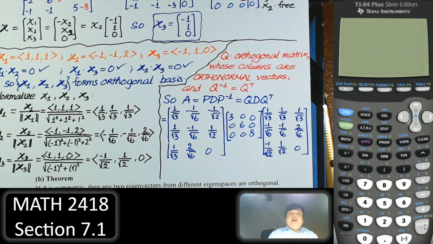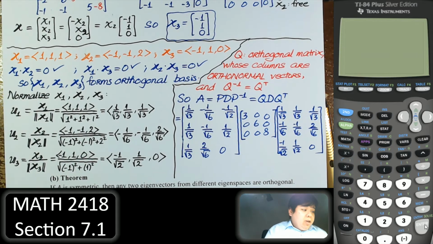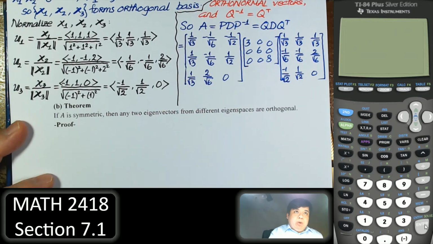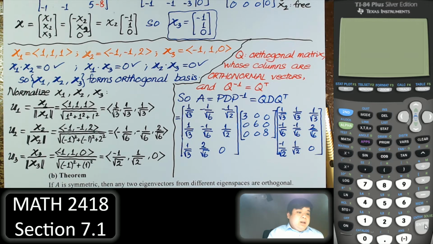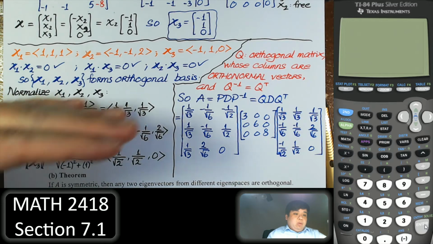Right. And this is called orthogonal diagonalization, meaning we use the orthogonal matrix to diagonalize it. This only works for symmetric matrices, as we'll prove in the next theorem. Of course, what we do is find eigenvalues and eigenvectors like we normally do.